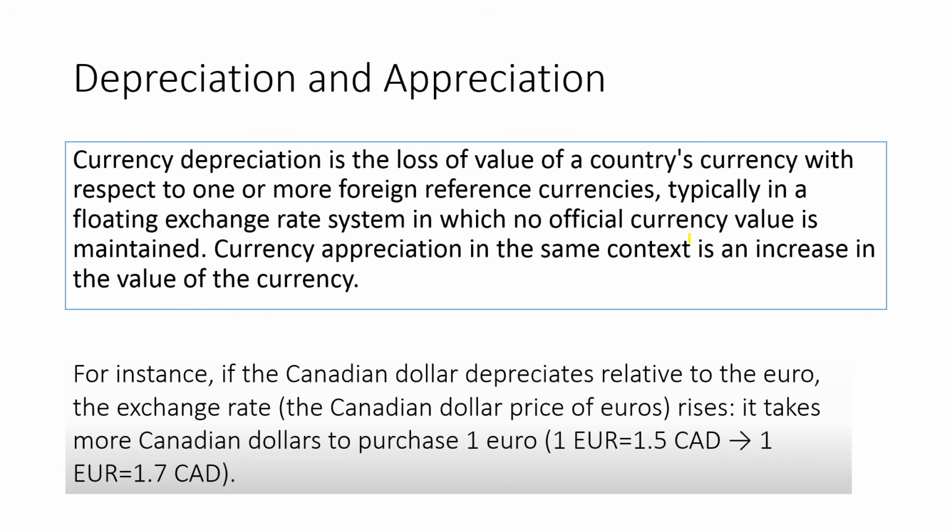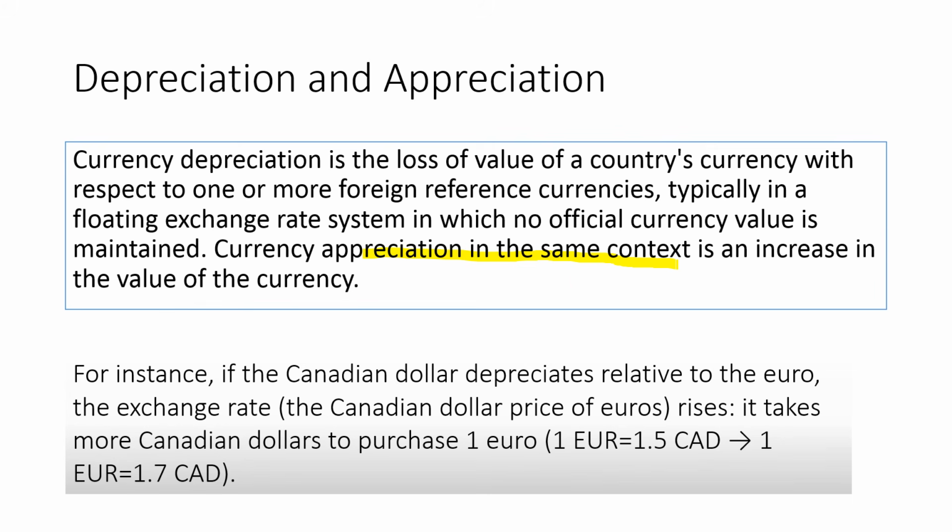So if England's pound is depreciated, that means it has fallen in value. And currency appreciation in the same context is an increase in the value of the currency. So if the pound is appreciated against the dollar, that means the value of the pound has increased above the dollar.